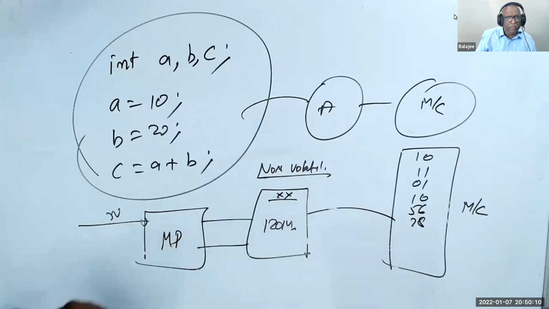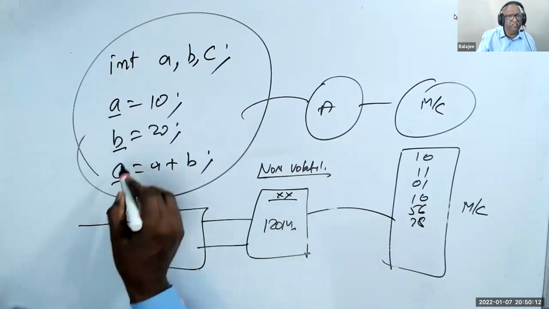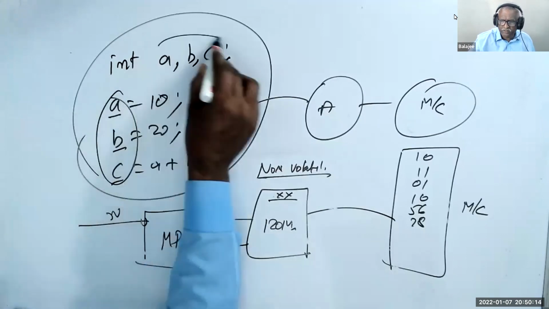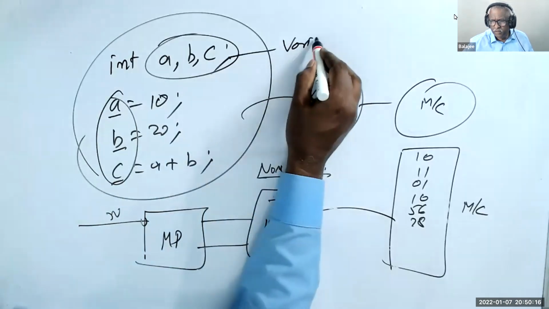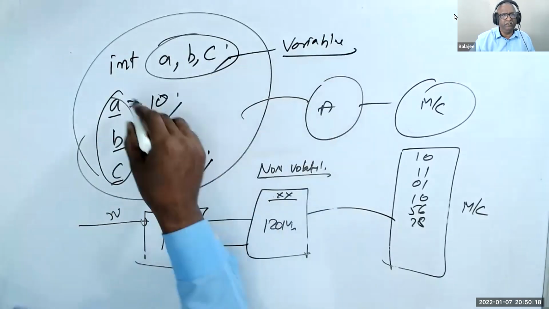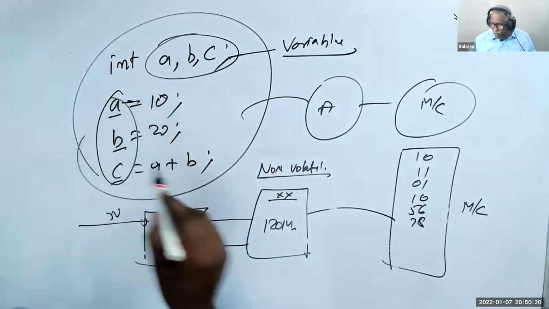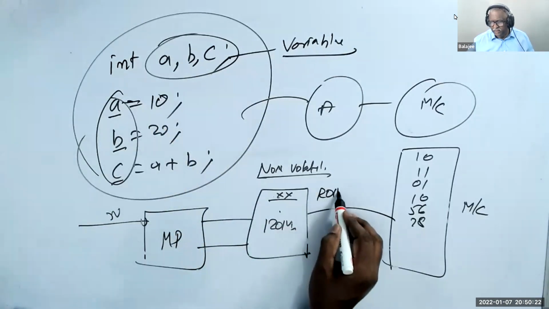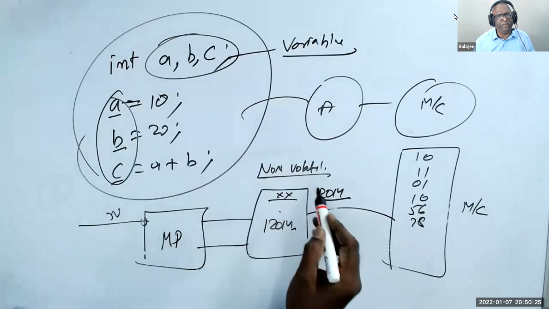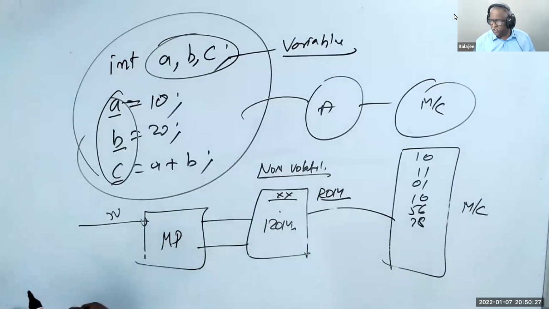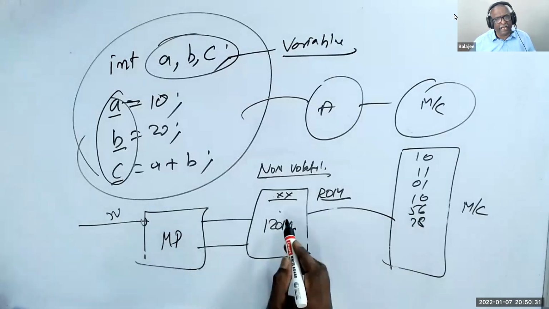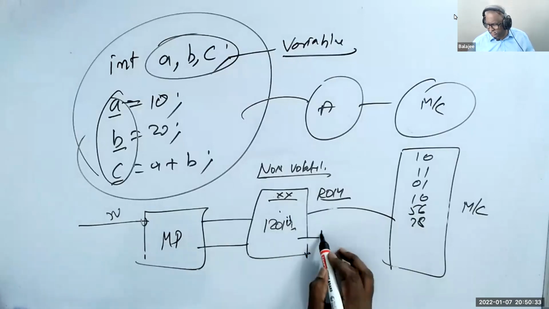But A, B, C are all called variables, which I have to write. In ROM, you cannot write, it's a read-only memory, but non-volatile. So whatever instruction we execute will be there in the ROM. ROM will have the instruction.